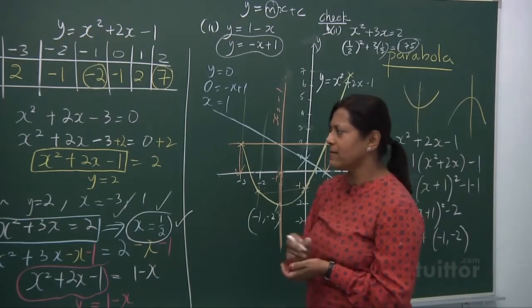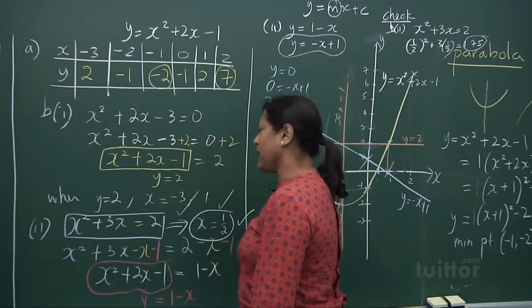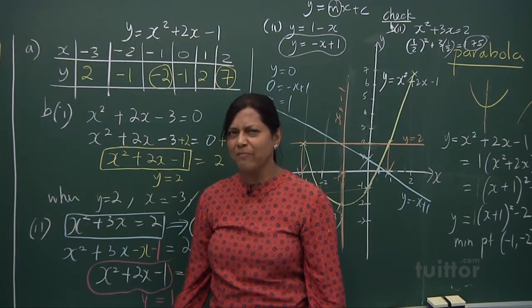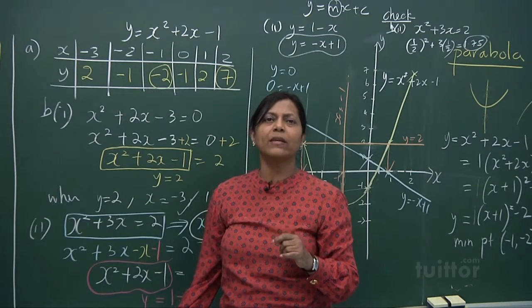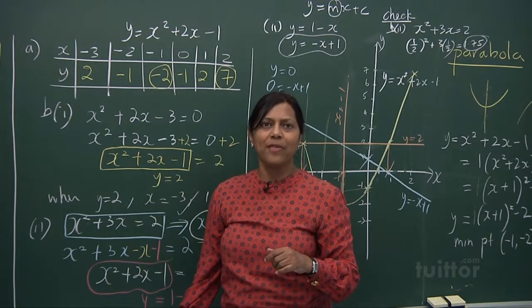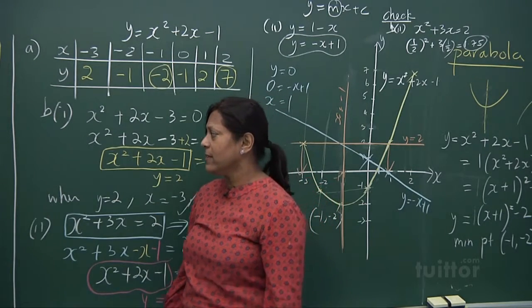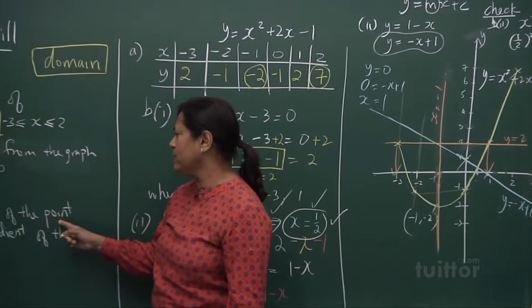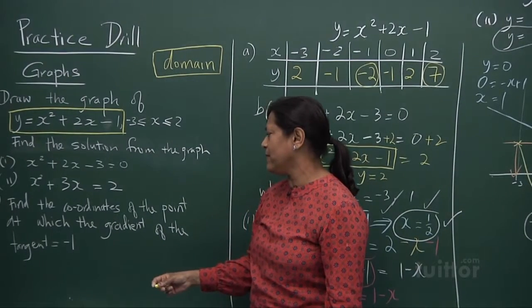From the coordinates of the point, let's look again at keywords. Sometimes wordy sums may put you off because of the many words there. So what you've got to learn is to look for keywords, identify them, and that will make solutions a lot easier. So let's go through. Find the coordinates of the point at which the gradient of the tangent is -1.